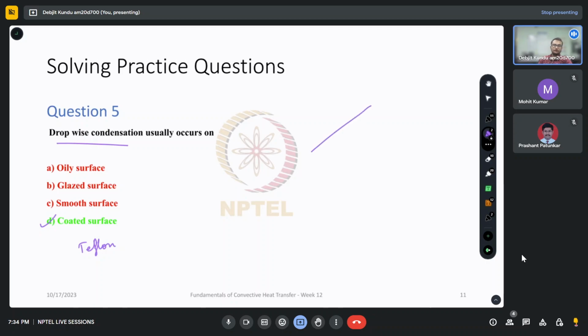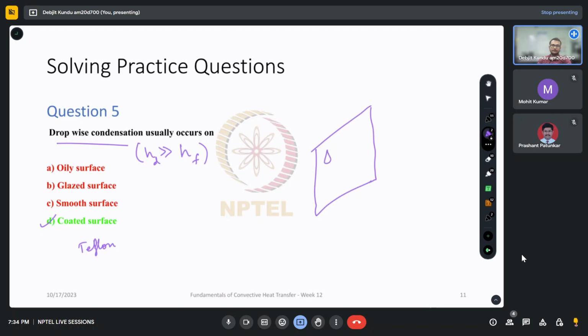So one of the main importances of dropwise condensation is that it has a higher convective heat transfer coefficient, so h_D being the dropwise condensation rate, and let's say h_F being the film condensation heat transfer rate. So in case of dropwise condensation, this heat transfer coefficient would be much higher.